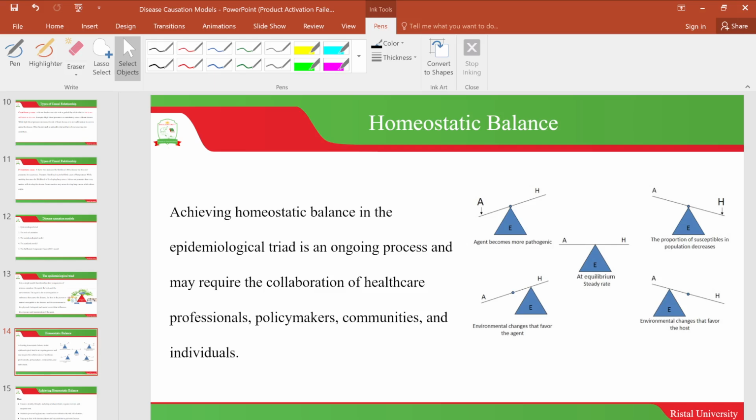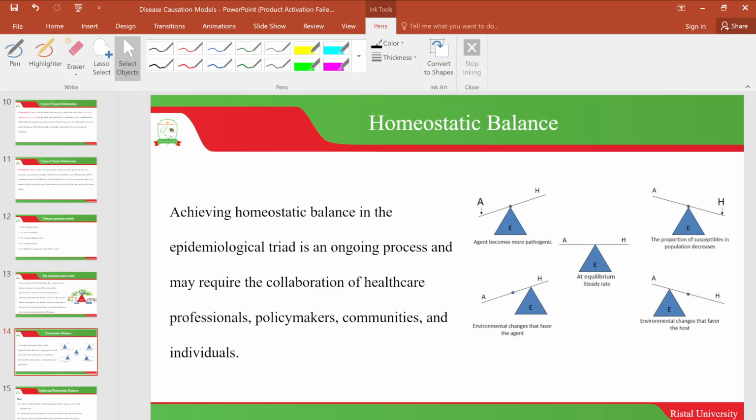So that relationship where you have the agent, the environment, and the host, they are not living in a static manner. We have an interplay. We have situations where the host is very strong. We have situations where the agent is very strong. So it's like a seesaw.